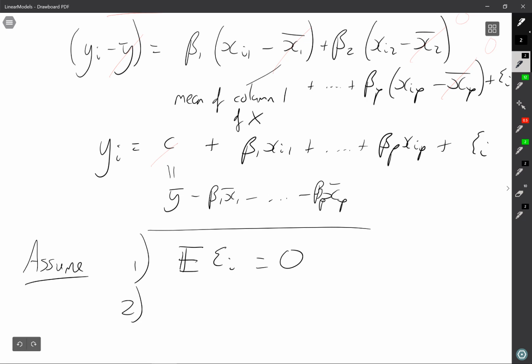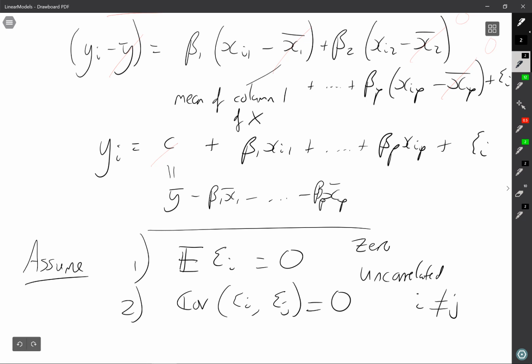Then we assume that they are uncorrelated. So the covariance between epsilon i and epsilon j is 0, for i not equal to j. So that's uncorrelated, zero mean. And the final assumption is that they are homoscedastic, so that says that the variance of epsilon i is just sigma squared.